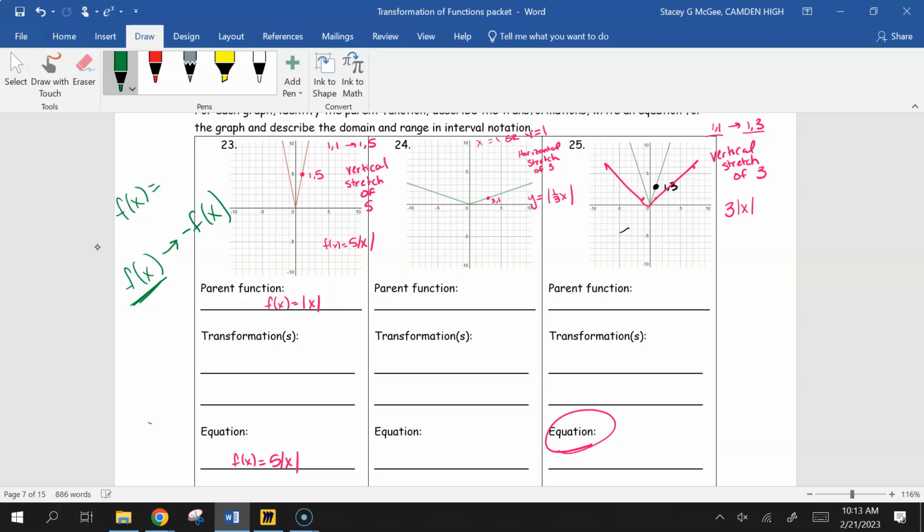Let's say f of x was the absolute value of 3x. Then to make it negative, put a negative in front of that. It's just telling you to put a negative in front of the whole thing. It's just kind of a general form.